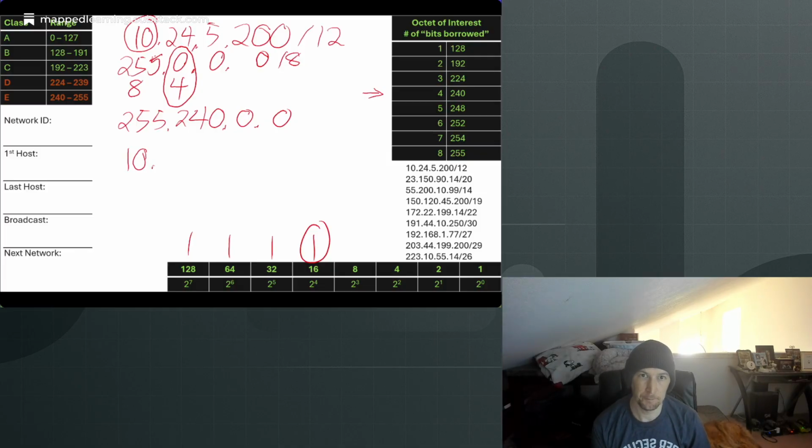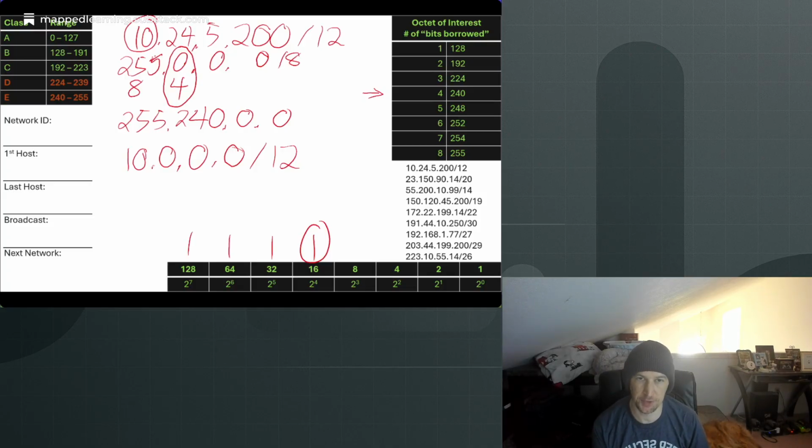The second rule, the octet of interest and every octet to the right is 0. So 10.0.0.0 /12.